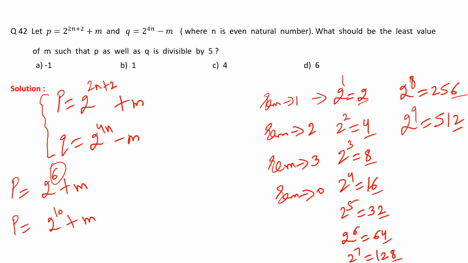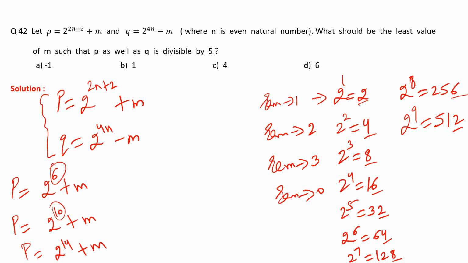Now this power when divided by 4 gives us remainder 2. When we divide this power again, it gives us remainder 2. Similarly, when I put n as 6, it becomes 2 to the power 14. Again, it gives us remainder 2.